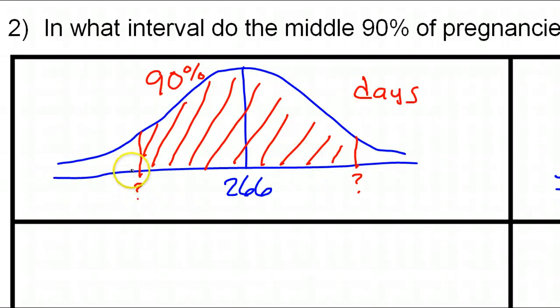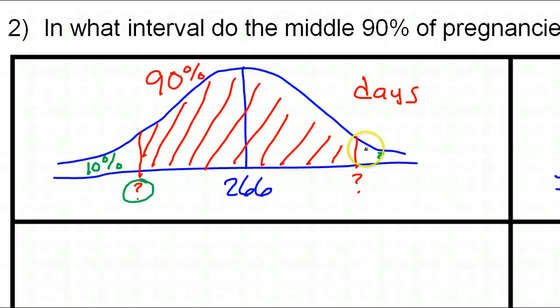So what we can do, we can use this part over here on the left to get this question mark right here. If I knew this value, that would be helpful. But let's see, is this going to be 10% over here? All right, because that's 90. Does that mean this is 10? No, because we also have this part over here as well.